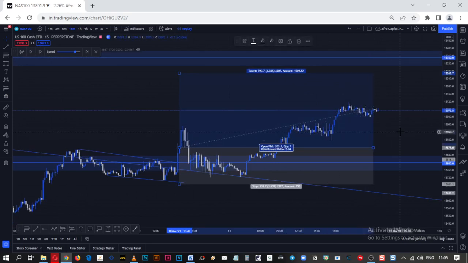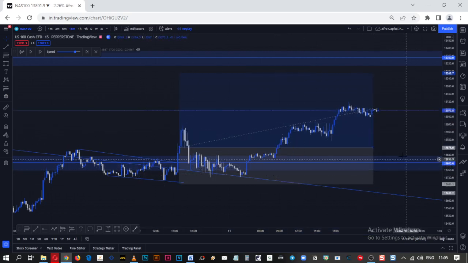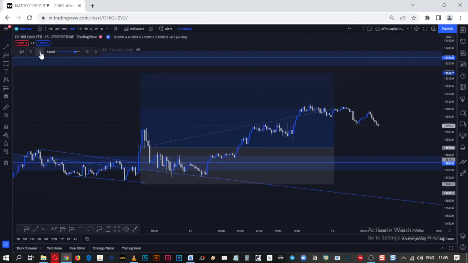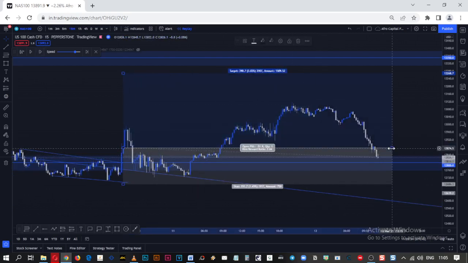If you are a trader who believes in securing profit as price pushes up, you would have been on a risk-free entry whereby you move your stop loss to your entry by now. Which is why I really hate doing that, because if you had pushed your stop loss to your entry, you would have been taken out by the market at this point.